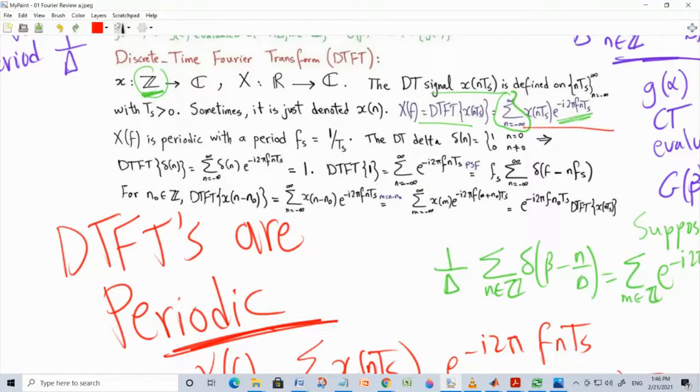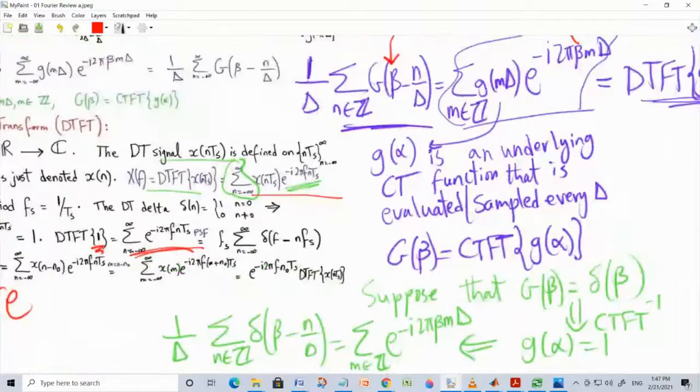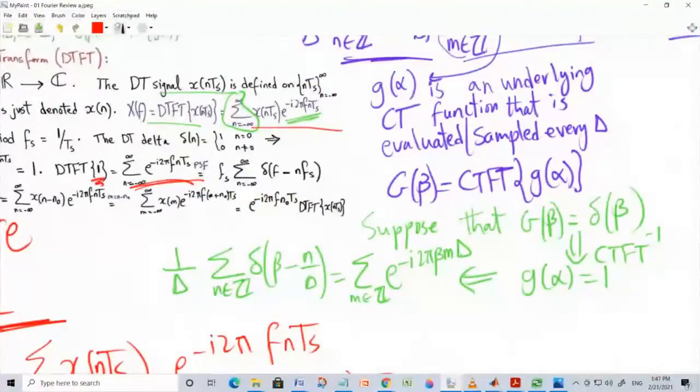Can you take the DTFT of a discrete time signal that is always equal to 1? So all the samples of the signal are equal to 1. Now, if you try to do this discrete time Fourier transform, you have basically this summation. And again, this summation is not something that is classical, right? You are summing e to the minus i 2 pi f n Ts from minus infinity to infinity. What is this thing? It is exactly what I talked about here, right?